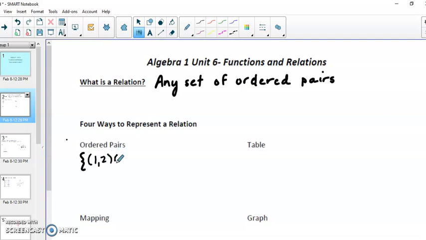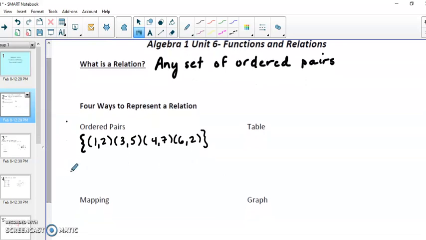My ordered pairs are going to be 1, 2, 3, 5, 4, 7, and 6, 2. And we close our set with another squiggly bracket. That might be the toughest part of this unit.